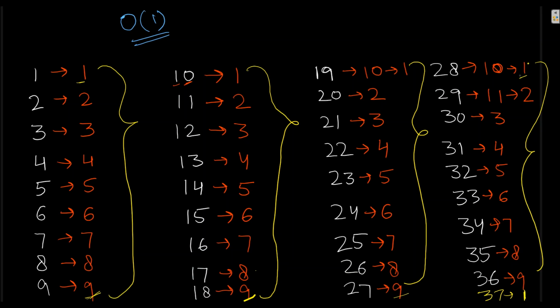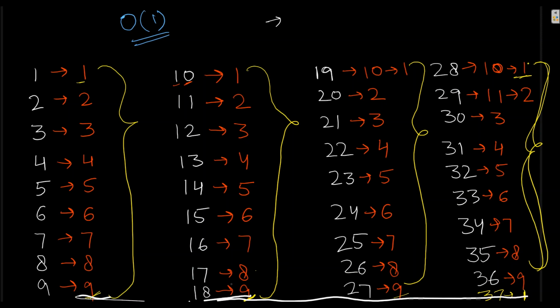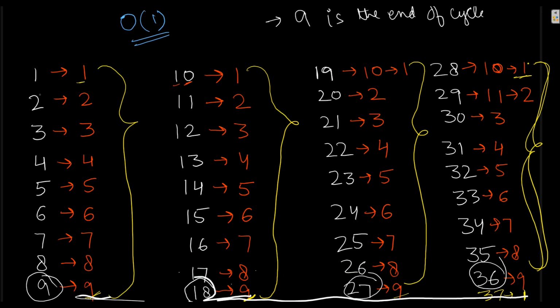The pattern says 9 is the end of the cycle: first this 9, then the second multiple, then the other multiples. So 9 is the end of the cycle which begins from 1 to 9, then again 1 to 9.